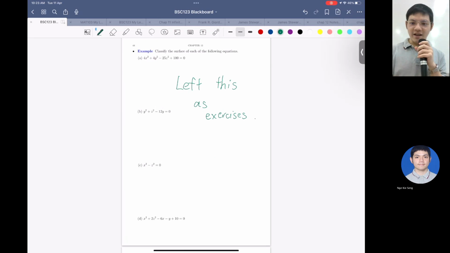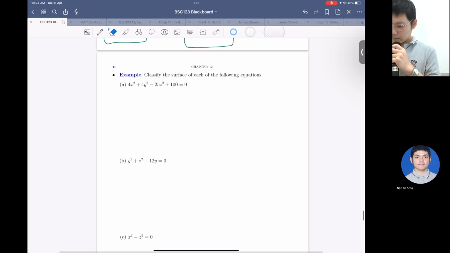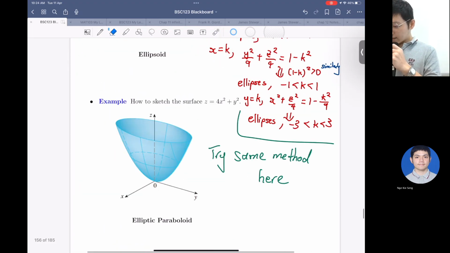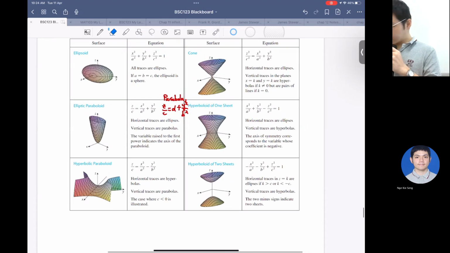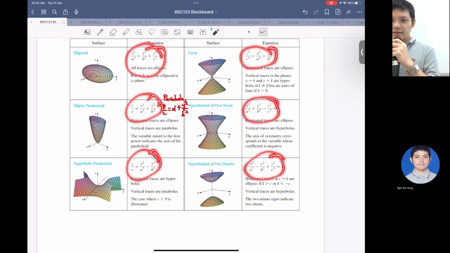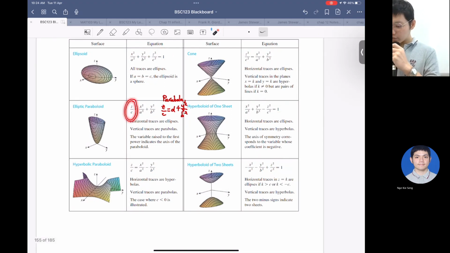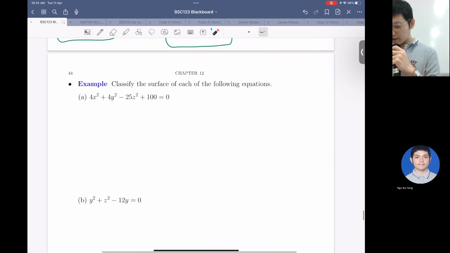Okay, let's try. You pick your choice. Pick one. Okay, A. Okay, let's do A. So let's observe what we need to find. You see, we need to make this x squared, y squared, z squared, and then we need to get either equals to 1 or equals to some z. So this is our goal. But the first case here is all squared: x squared, y squared, z squared.